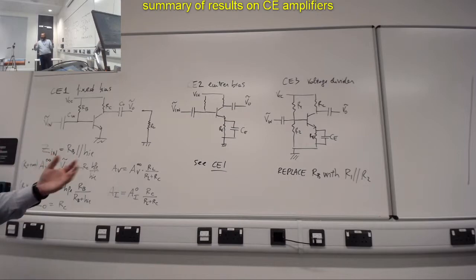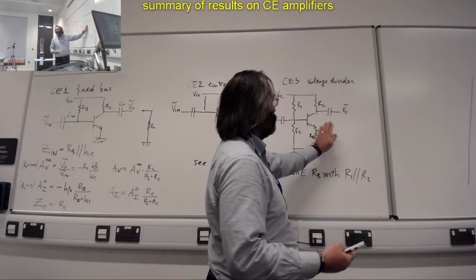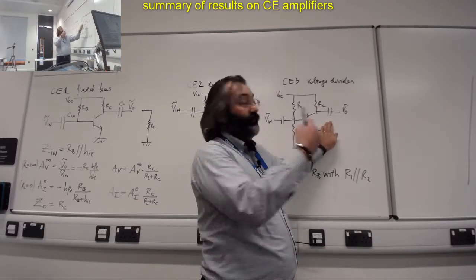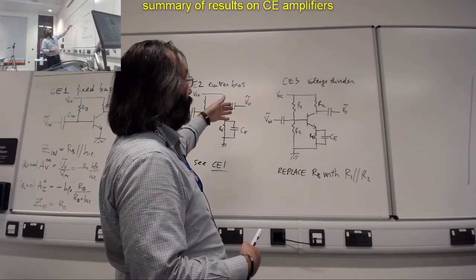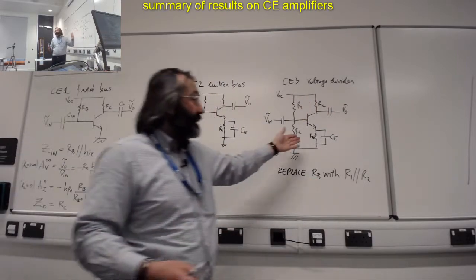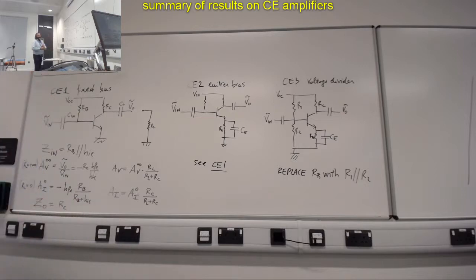But in the post-lecture video last week, I said, okay, what happens if I don't take this one in? This would be the common emitter configuration, either in emitter bias or in voltage divider, but with RE unbypassed.